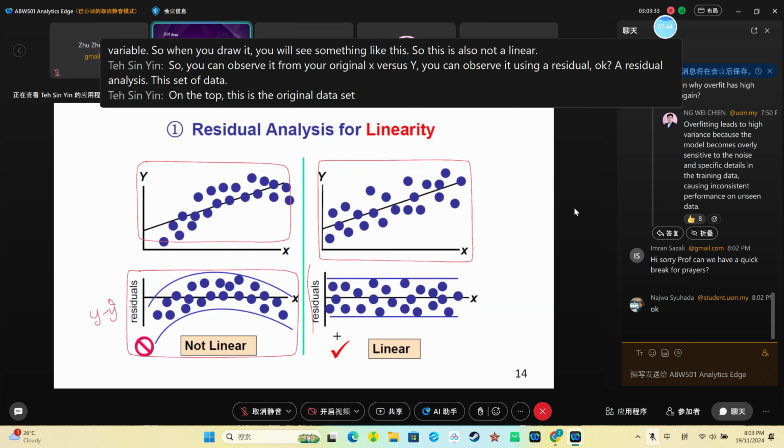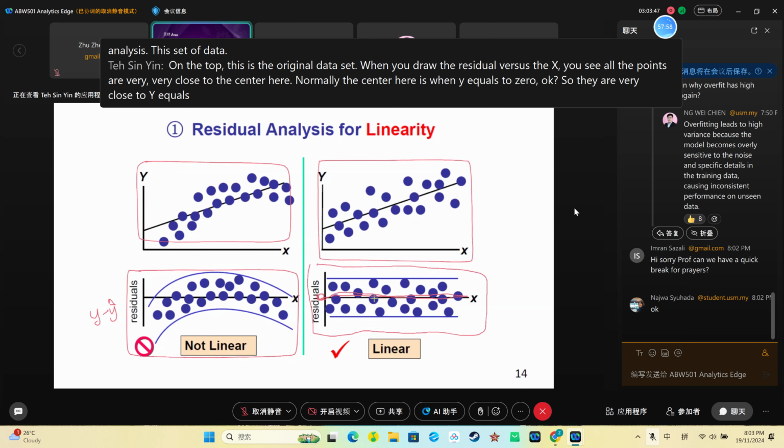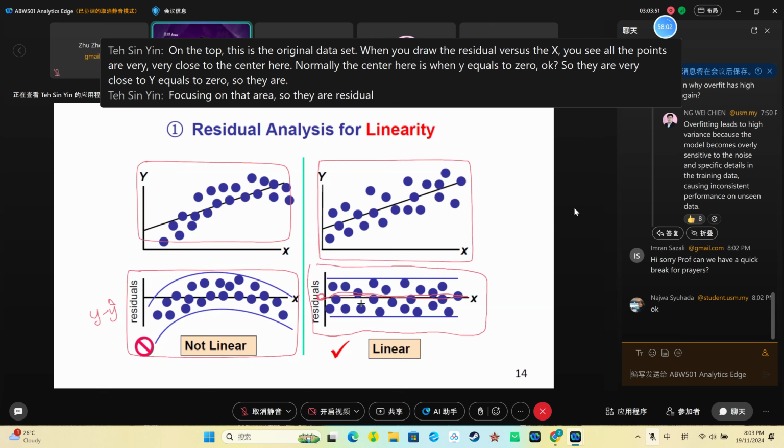When you draw the residual versus the X, you see all the points are very close to the center here. Normally, the center here is when Y equals 0. So they are focusing on that area, and their residual follows a linear trend. So this is the ideal case, linear equation.